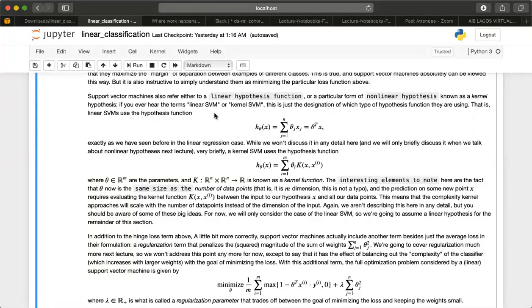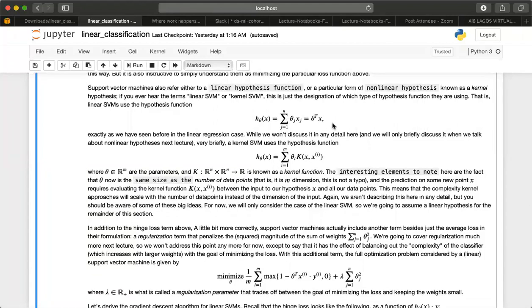But when it goes beyond just 2D data, then you'll be talking of something non-linear. And for non-linear problems, you'll be using a kernel SVM. And this is how the hypothesis function is defined.